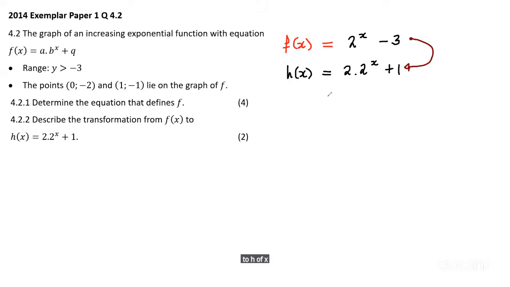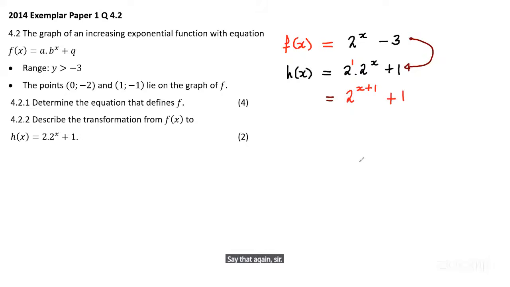Let's think. I can manipulate h of x because here the power of x is 1. So I can say the bases are the same, so the powers add. It becomes x plus 1, then plus 1 as well there.